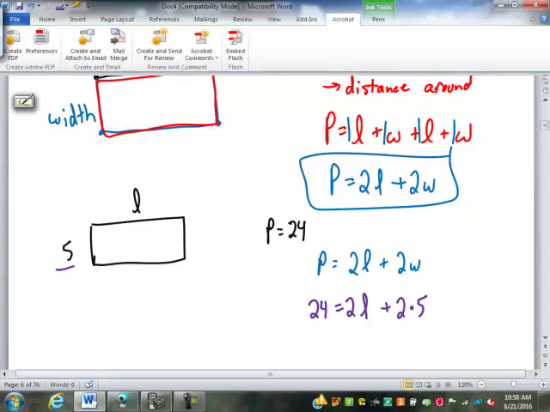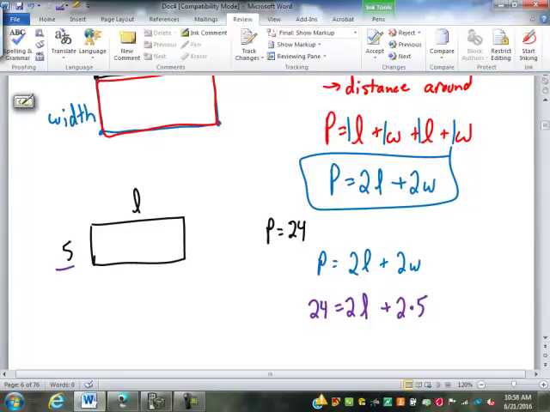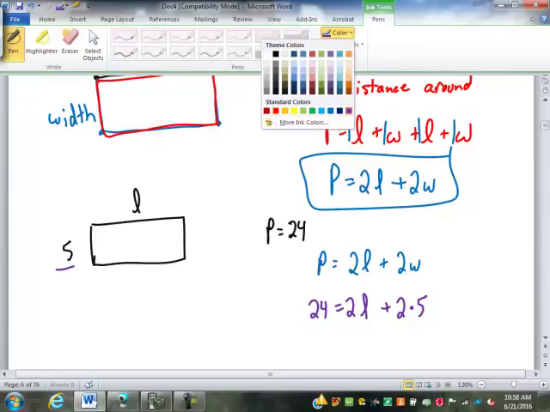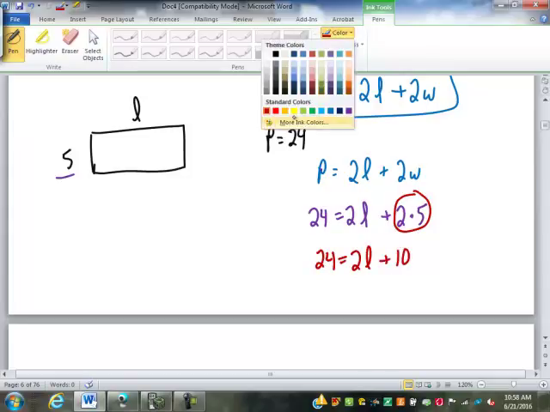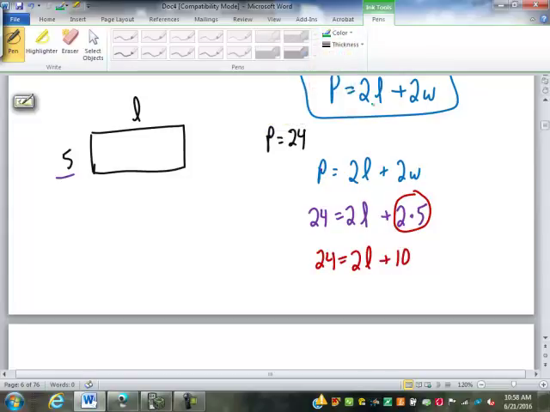And now it's just a matter of solving that equation again. What do I do first? We'll combine the 2 times 5. So that's just 10. And now I can go ahead and solve the equation. I've simplified everything I can.